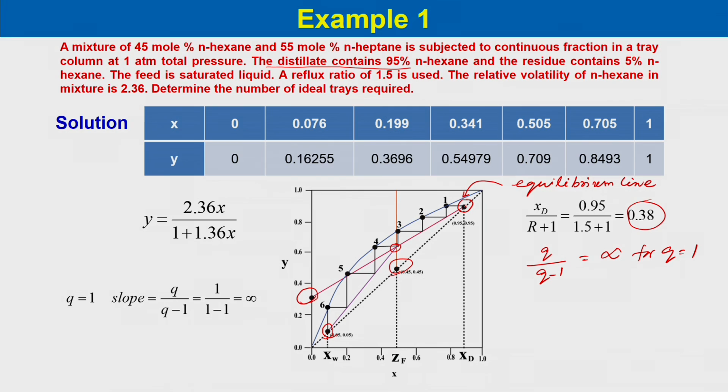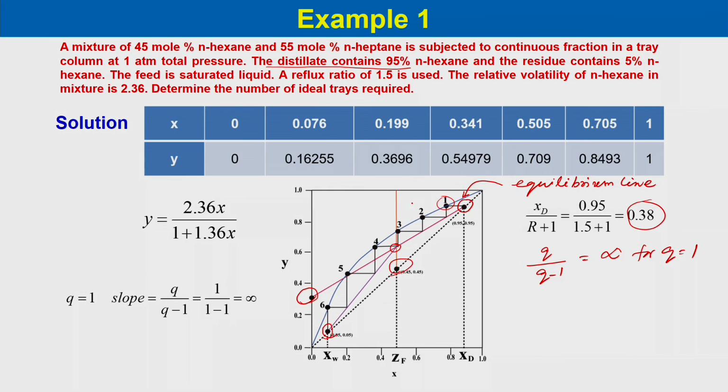From this point we can do the staircase. We can plot the horizontal line from the 45-degree diagonal. If we draw the horizontal line from this distillate point, that is xD, it will go to the equilibrium curve.